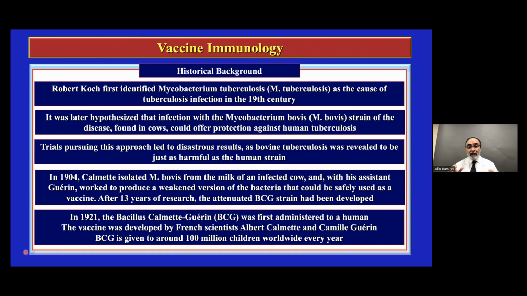Now, is the BCG a great vaccine? Of course, everybody agrees it's not, but BCG is great to prevent tuberculous meningitis and tuberculous death in children. It's a great vaccine to prevent death due to tuberculosis in newborns. Now, once you are an adult, the BCG probably doesn't protect us from tuberculosis.